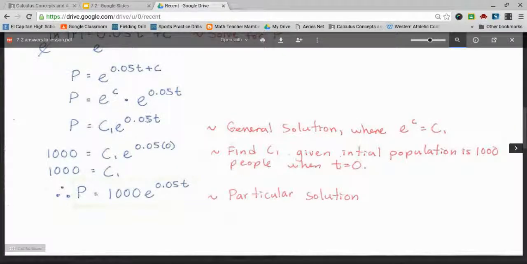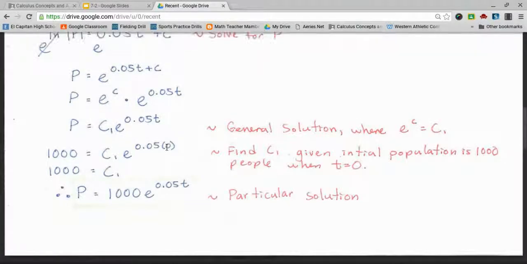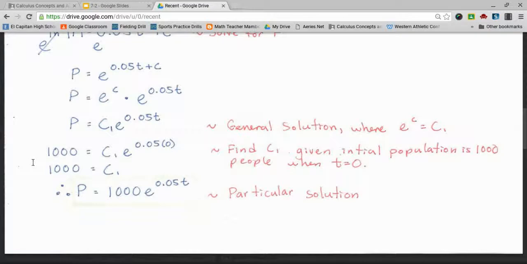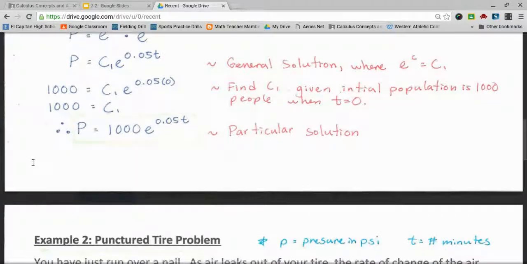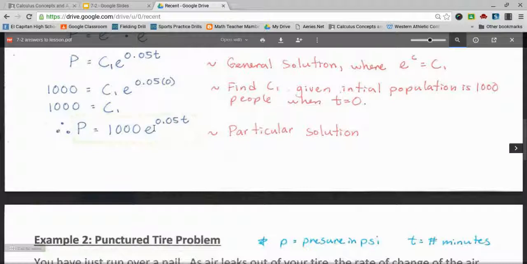I'm going to plug in 0 for t, and I'm going to plug in 1,000 for P. I come up with C is equal to 1,000, and substituting it into my general solution, I come up with P is equal to 1,000 e to the 0.05t, and that is my particular solution, and that is what it asked me for. Okay?